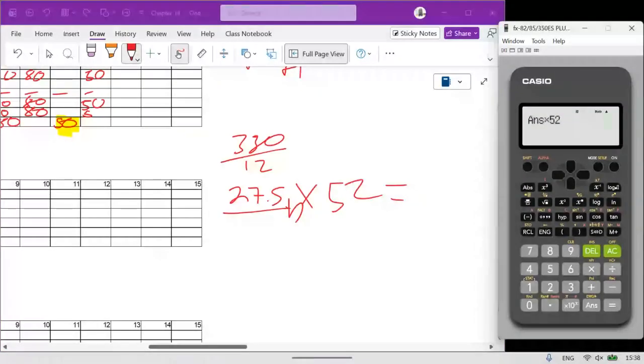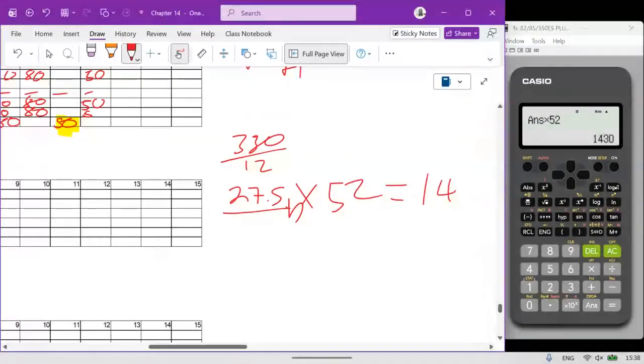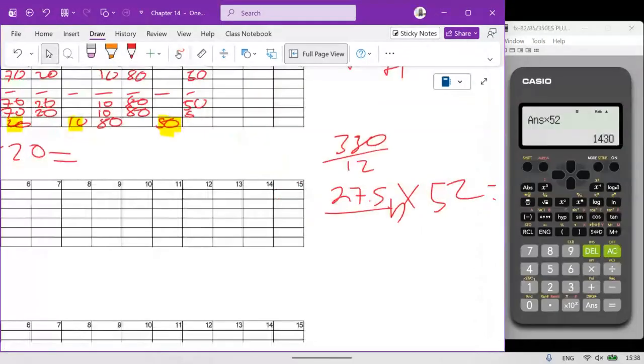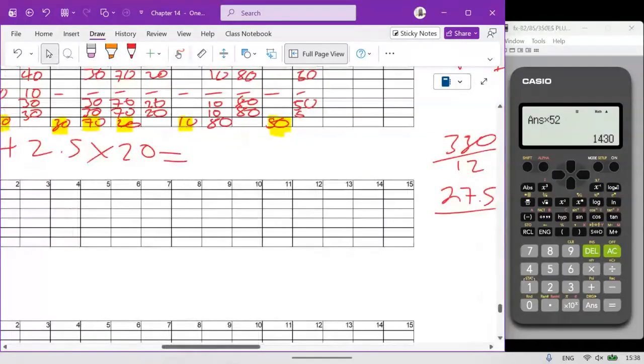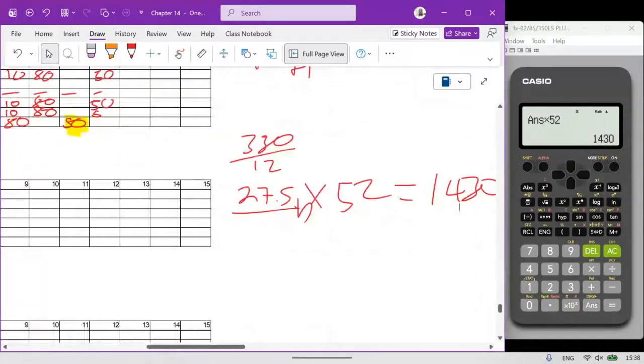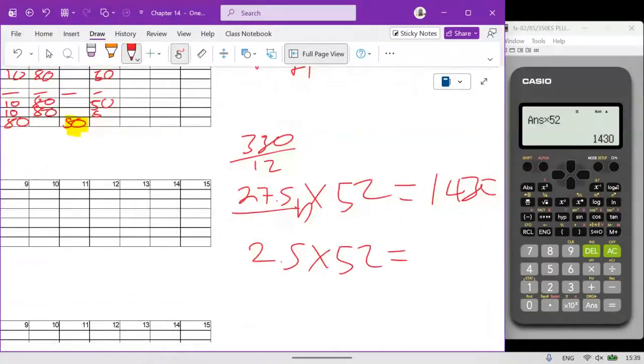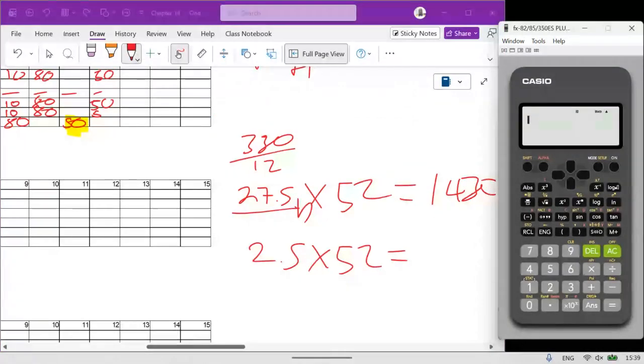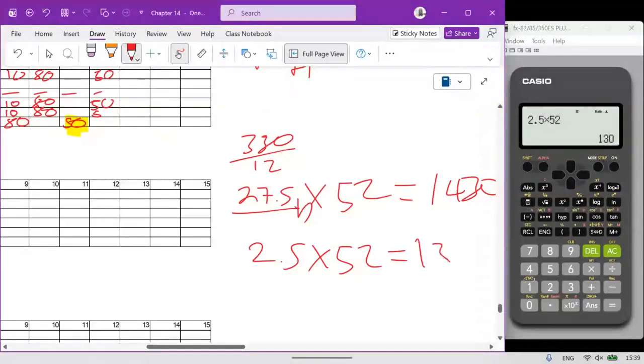That becomes 1430 sharp. Then your 2.5 multiplied by 52, because you are experiencing this over a period of a year, it becomes 130.